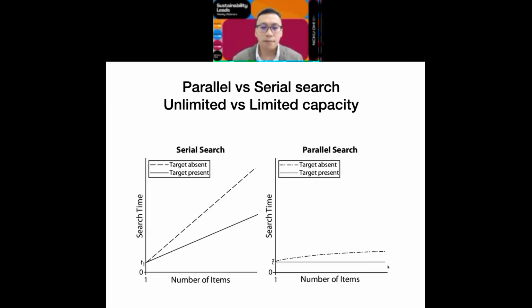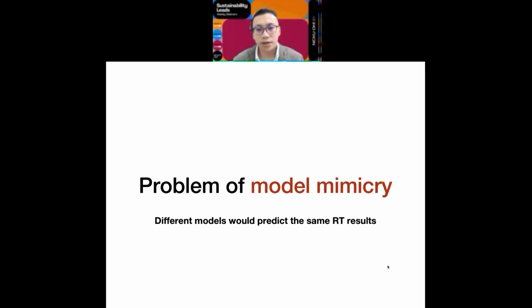So this is one way to study the seriality of information processing, and we can use these results to infer the capacity of information processing. However, there are some problems for the conventional information processing approach, the so-called problem of model mimicry.